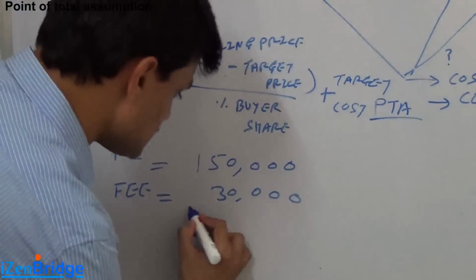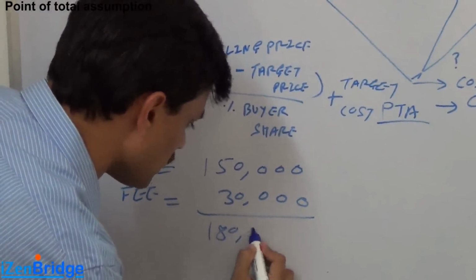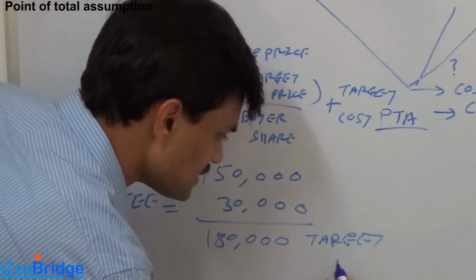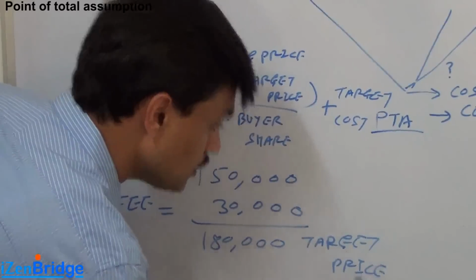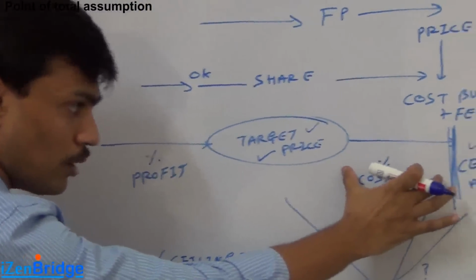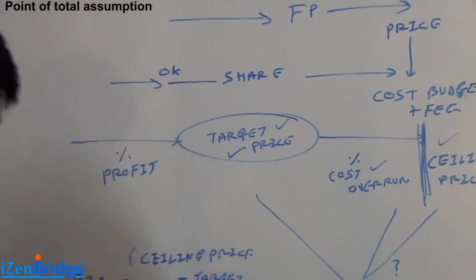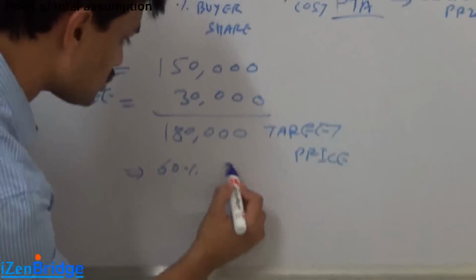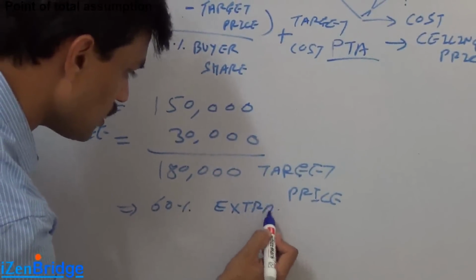And on that basis, you come up with 180,000 as the target price. If something goes beyond it, the buyer has agreed that he will take 60% of the extra cost.